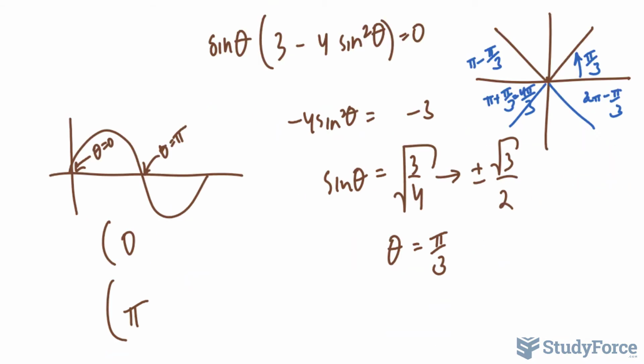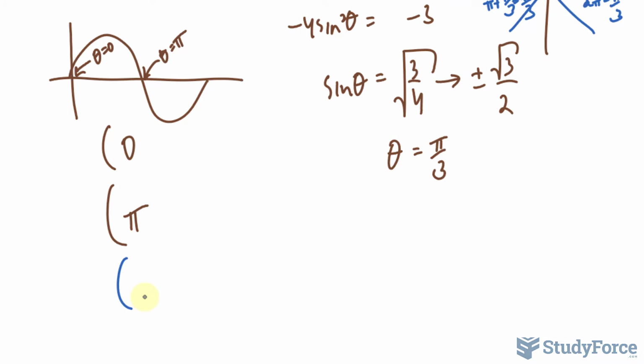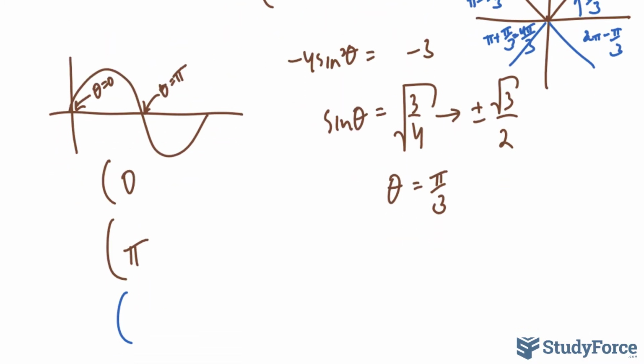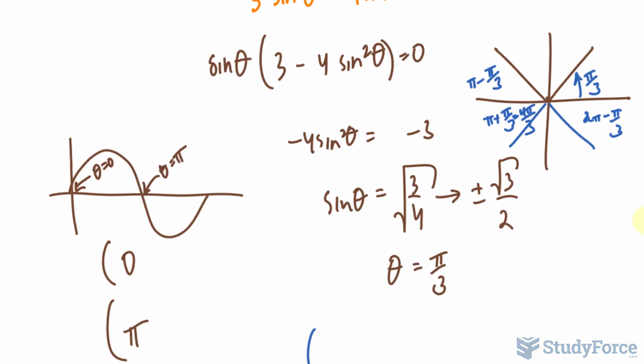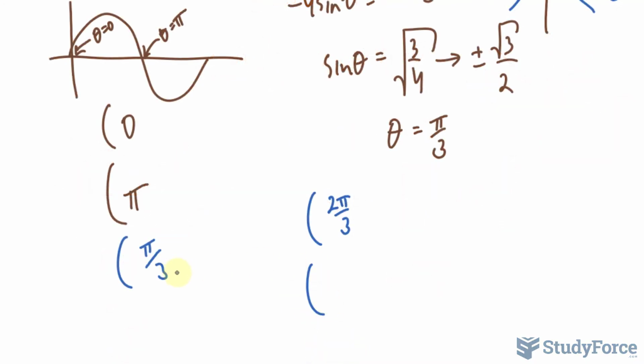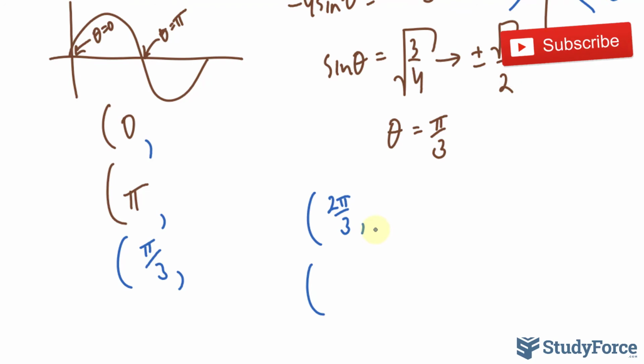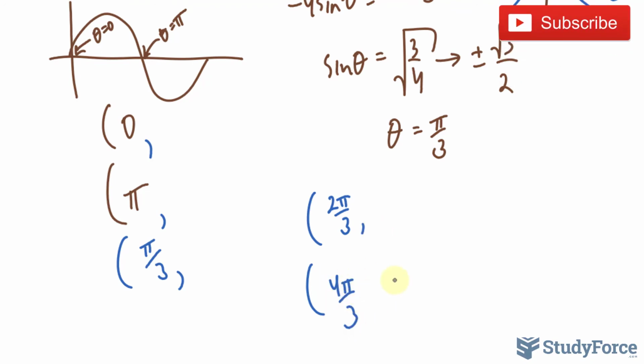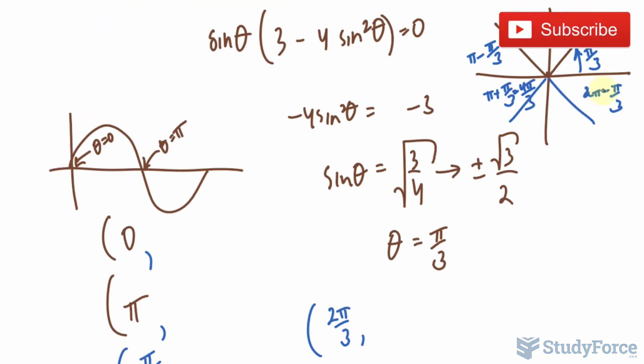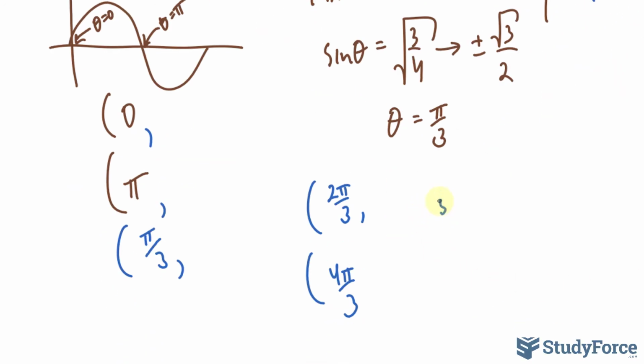What you're supposed to do, now that we have more x coordinates, is substitute all of these values, pi over 3, pi minus pi over 3 is equal to 2 pi over 3. Substitute, and remember, these are all y coordinates that we're looking for eventually. We have 4 pi over 3, and 2 pi minus pi over 3 is 5 pi over 3.